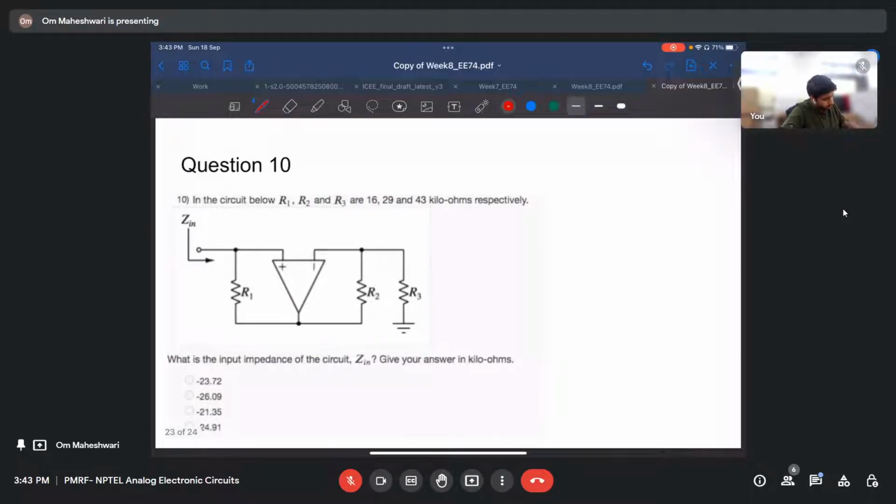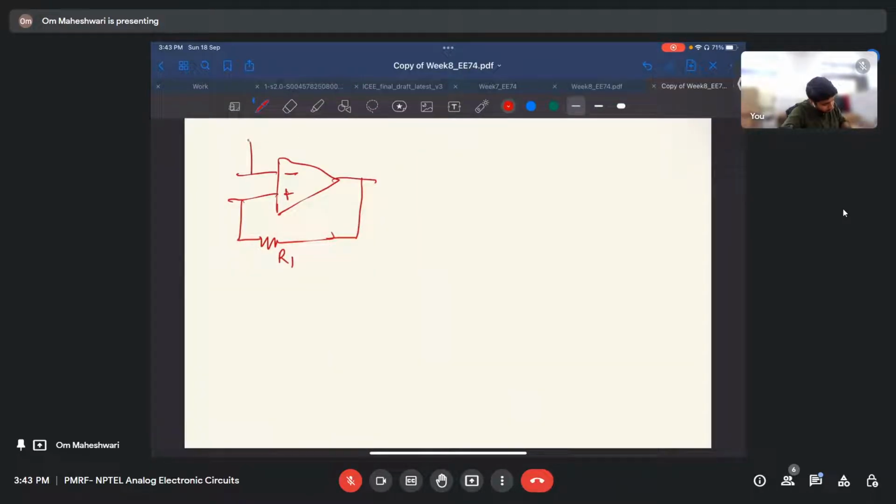Minus side it is R2, and here it is R3. And this is grounded. We have to see Z in from here.